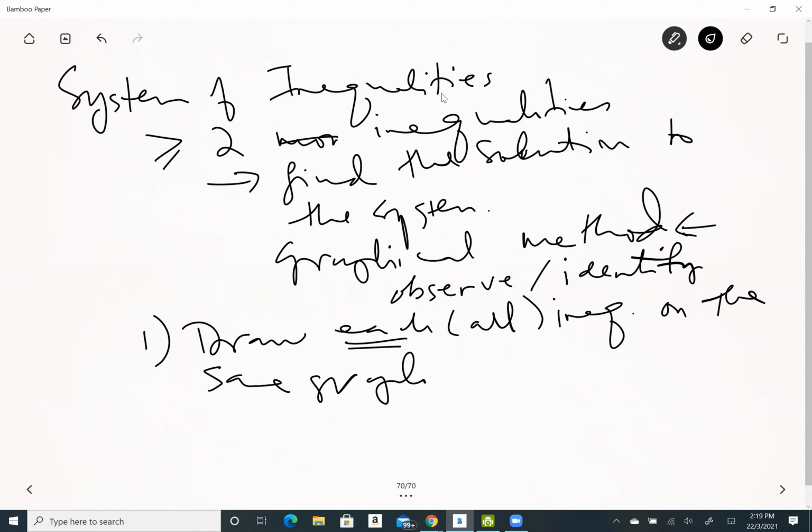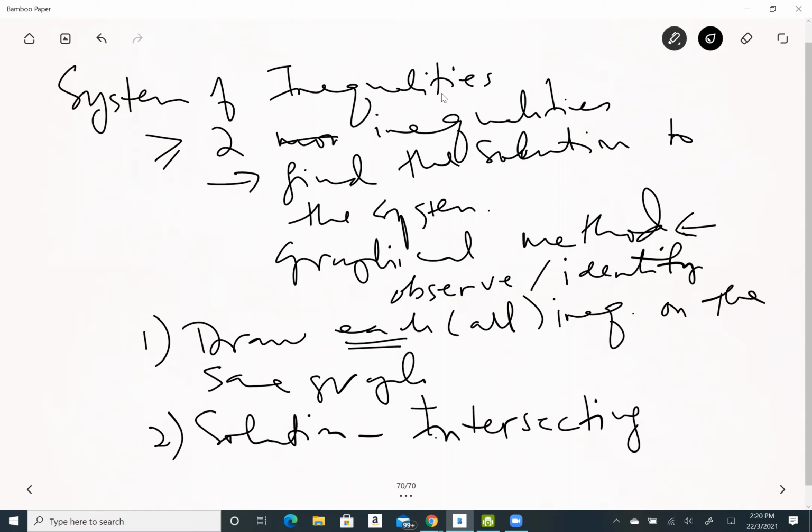Now, what is the solution? The solution would be the intersecting area, or common area, or sometimes we call it the feasible region.